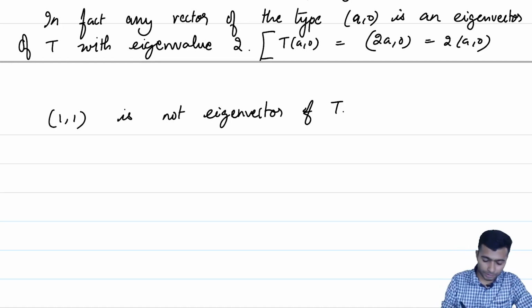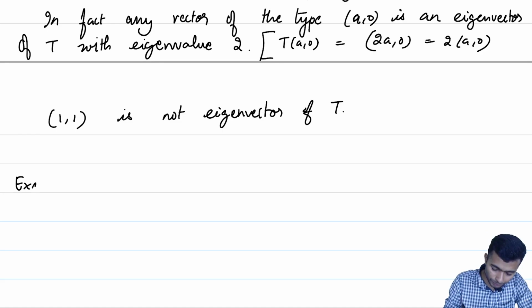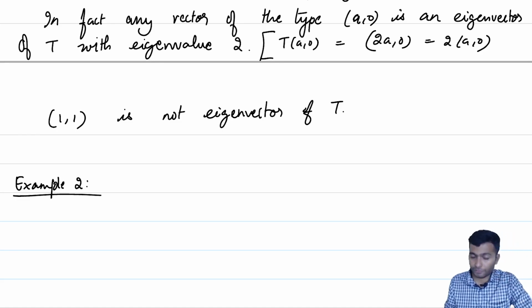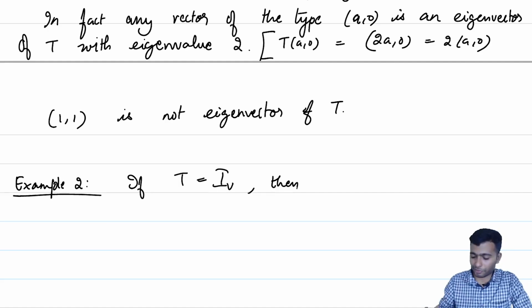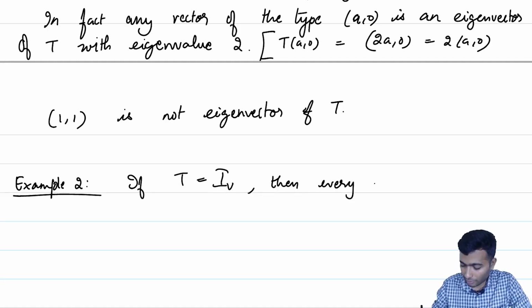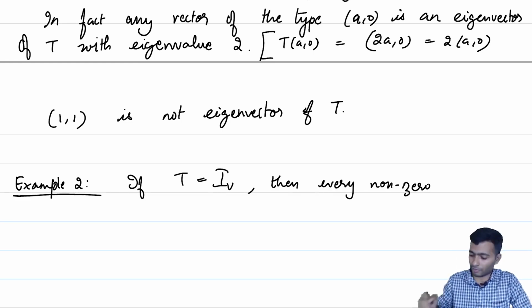Let us look at more examples. This is example 2. If T is the identity map, that is the first example maybe we should have considered, then every non-zero vector is an eigenvector. Notice that in the definition of an eigenvector we have imposed this condition.